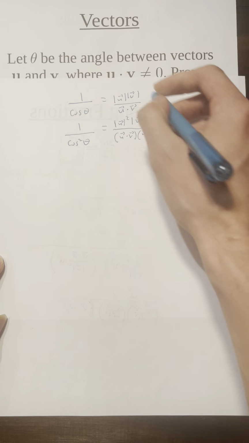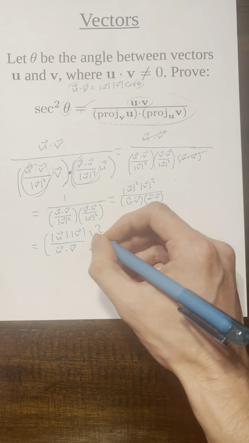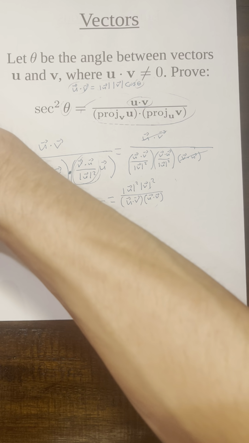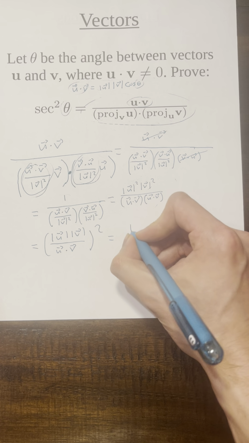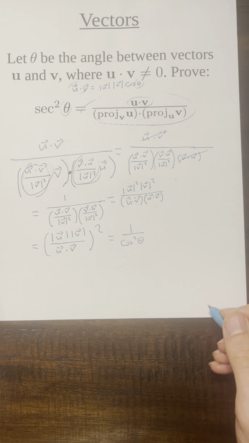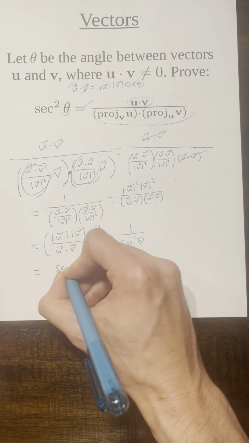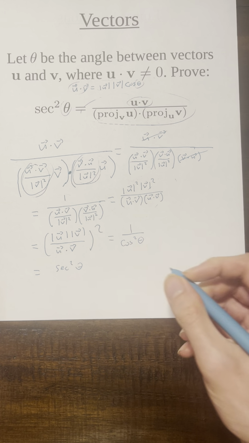Okay, so this thing squared. Okay. And then this becomes 1 over cosine squared theta, and 1 over cosine squared is what? It's secant squared theta. So this is your proof.